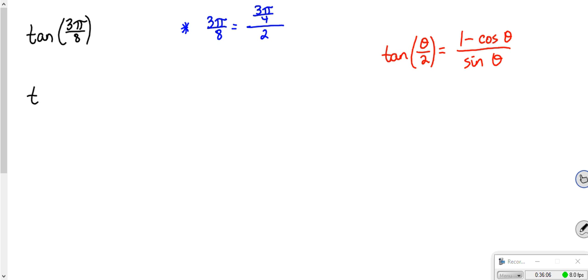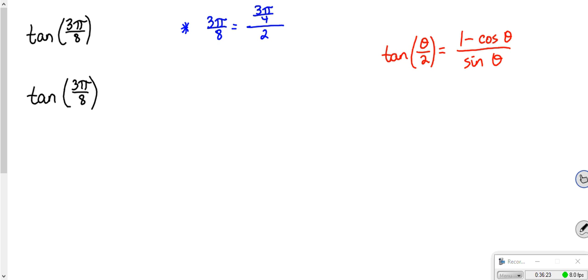So tangent of 3 pi over 8. Now, first of all, let's talk about 3 pi over 8. Where is that? 3 pi over 8 is in the first quadrant, so this is going to be positive.